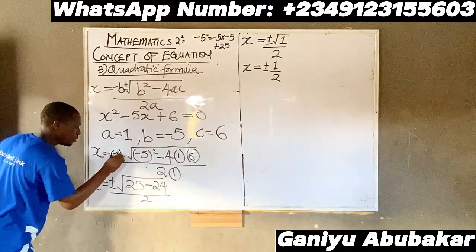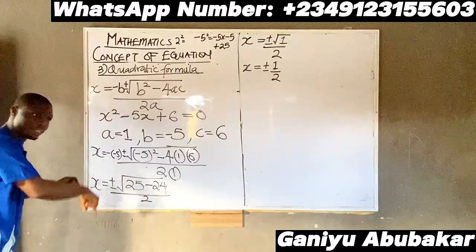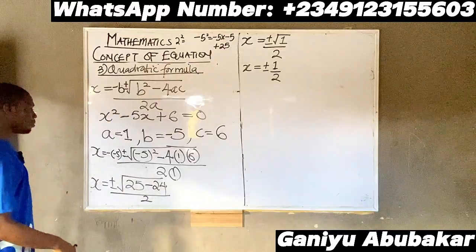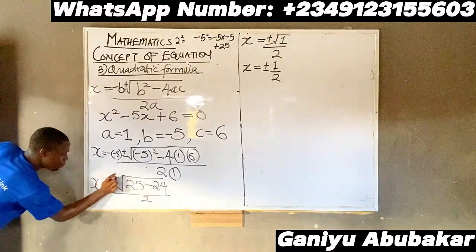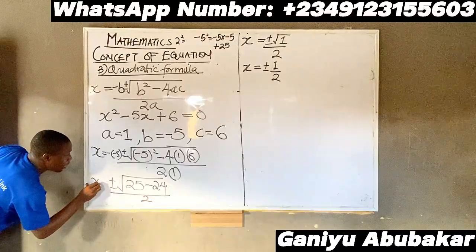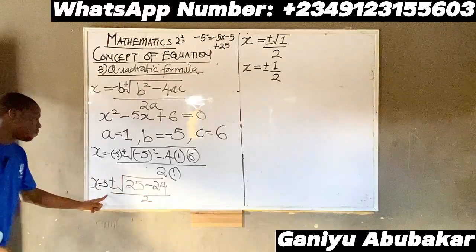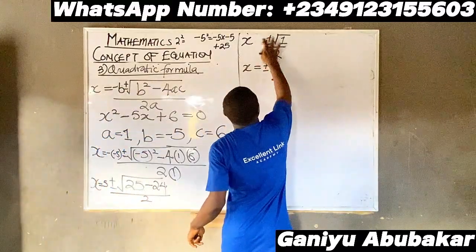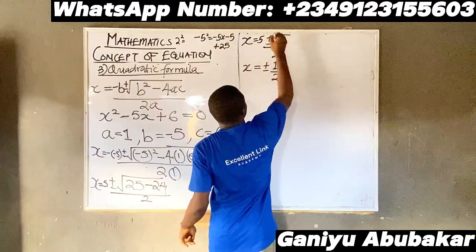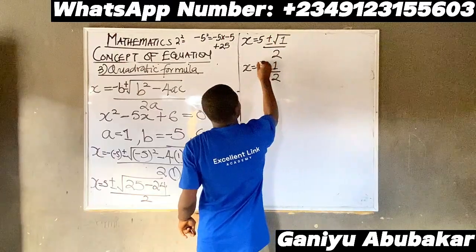Minus B plus or minus. Don't forget this. What do we have here? 5, because 5 is plus. That's 5. I have 5 here, and I have 5 here.